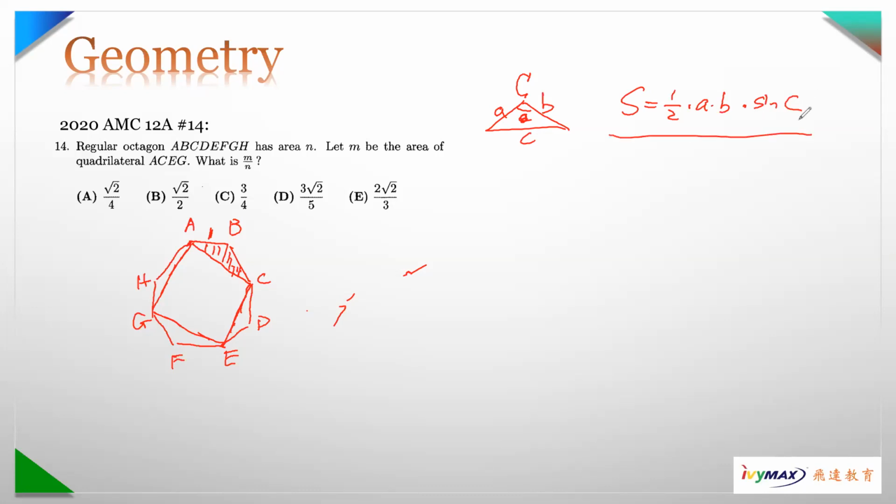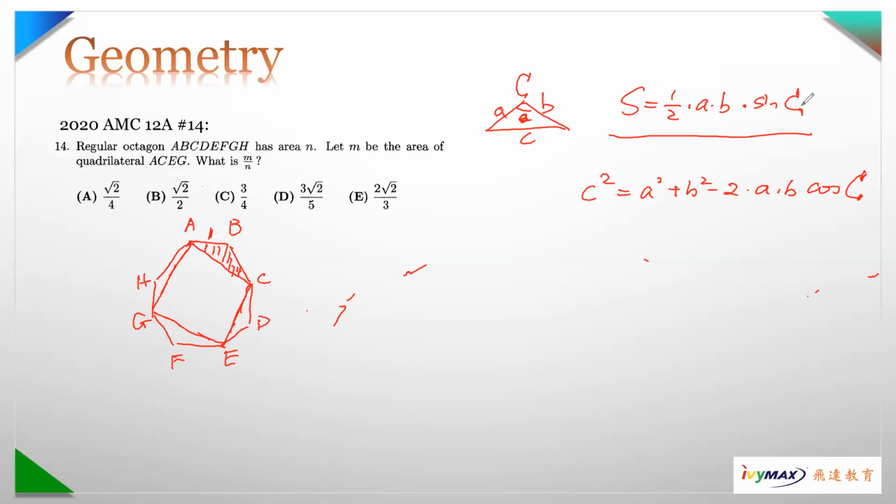And for the law of cosines, we get C squared equals A squared plus B squared minus double A times B times the cosine of angle C. We need to know the law of sines and law of cosines, so we can just use them directly.